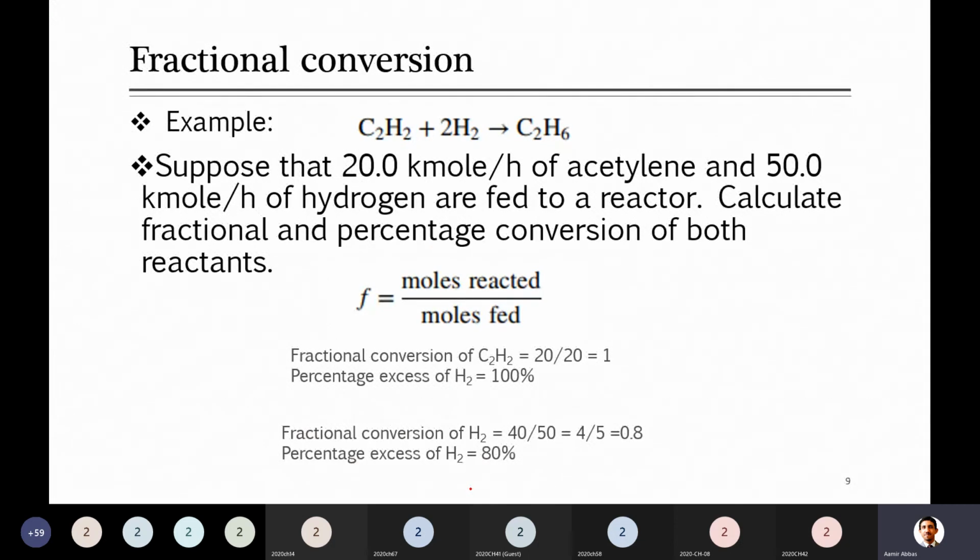Here is a mistake. Can you locate the mistake in the slide? Above, it says percentage excess of C2H2. It should be percentage conversion, not excess. Here the word excess is misleading.